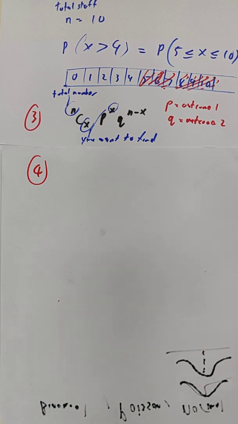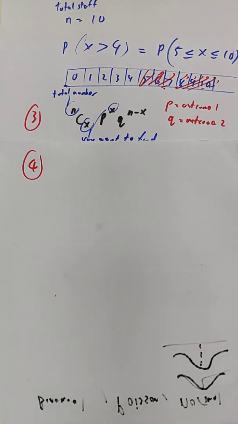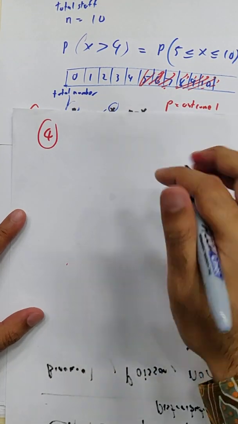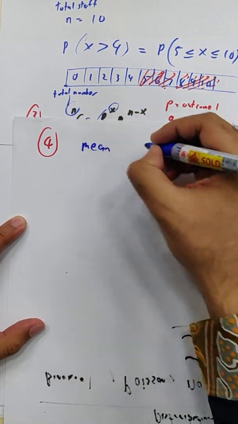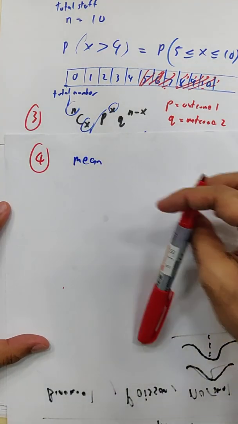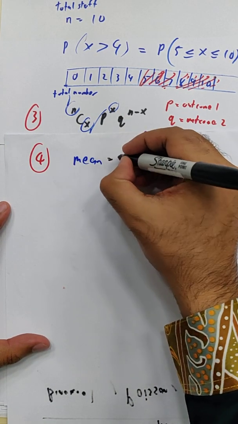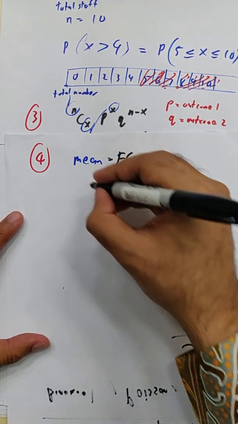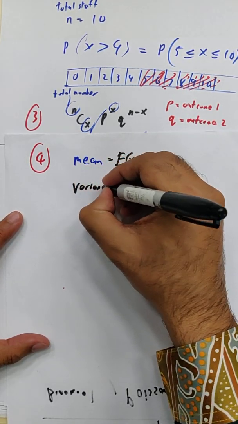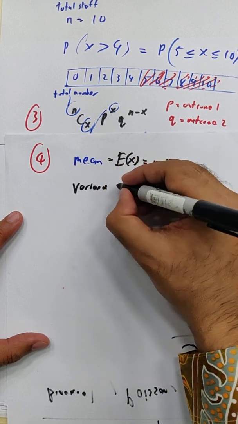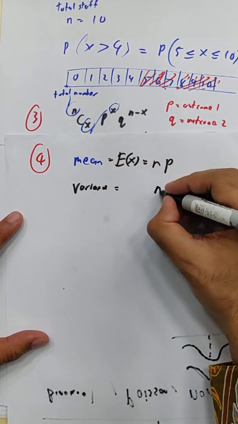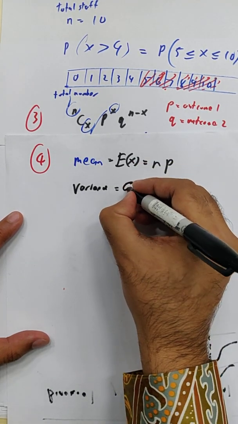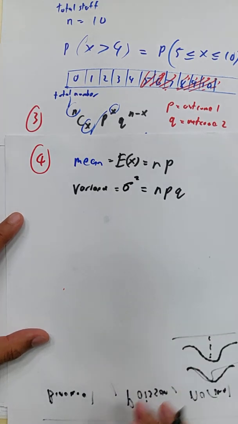Let's get all the formulas out of the way. The mean, which is the expectation, is np. The variance is npq, which I can also note with these symbols.